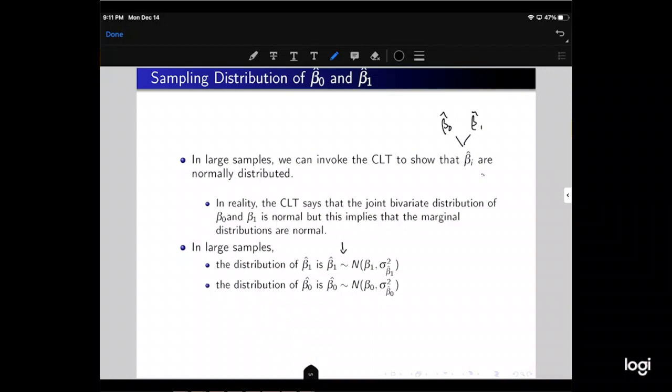So beta hat 1 is normally distributed with mean beta 1, the population parameter. Remember, the expected value of beta hat 1 is equal to beta 1, and variance sigma squared beta hat 1. This thing is going to be unknown, but we will estimate it. And the distribution of beta hat 0 is normal with mean beta 0, the population value of it, and variance sigma squared beta hat 0.